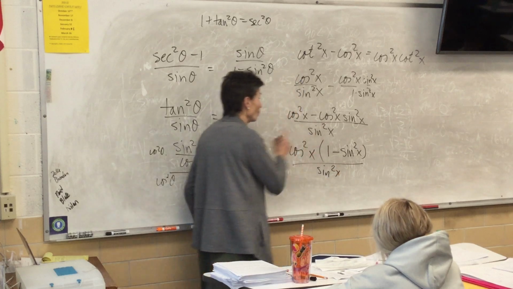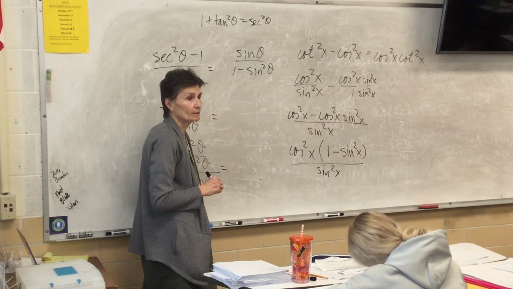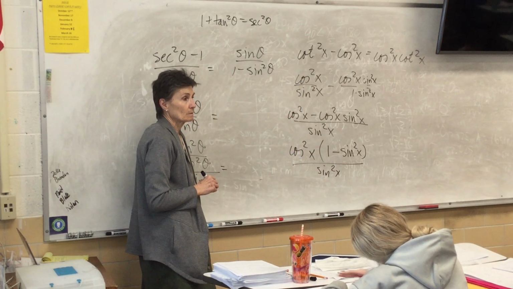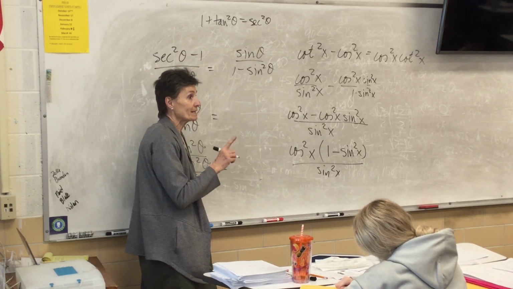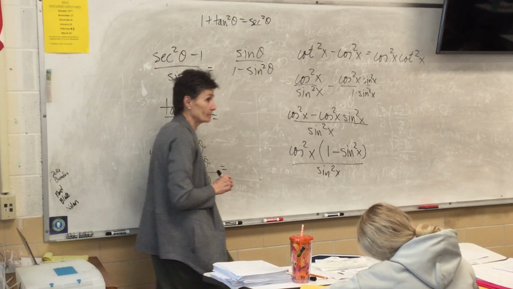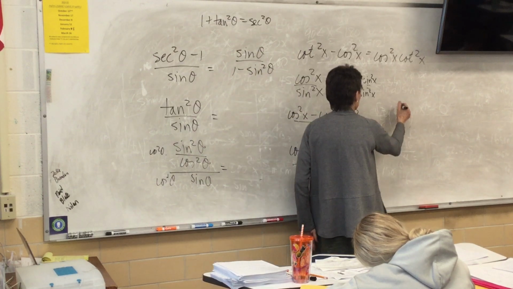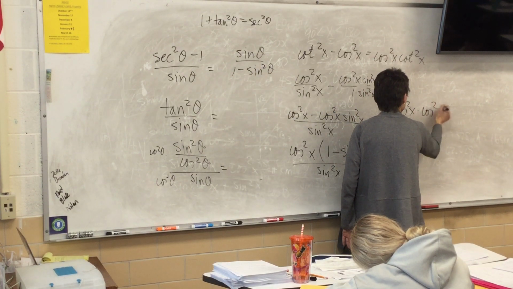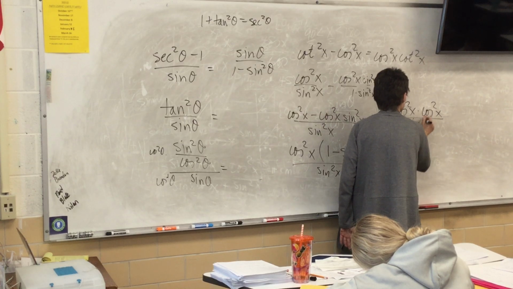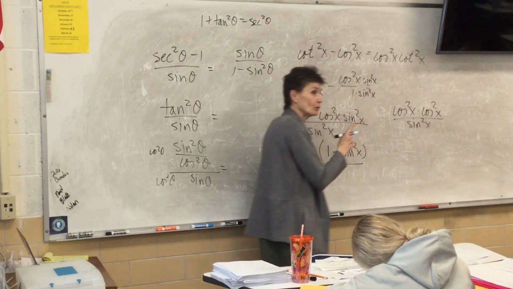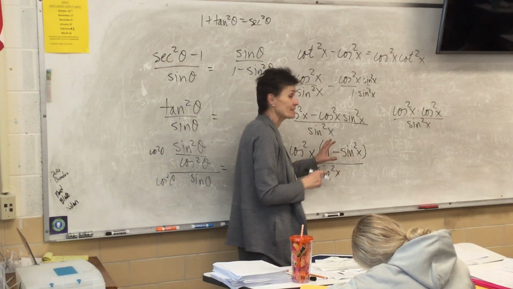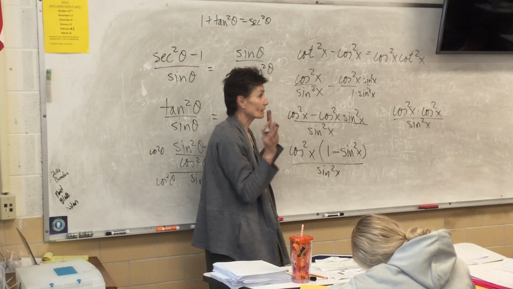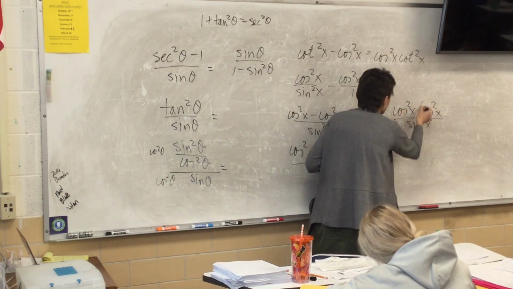Wait a second. What's 1 minus sine squared? 1 minus sine squared is cosine squared. Is that what you said? So I have cosine squared times cosine squared over sine squared. Well, that's good news because now the minus is gone. And what is this right here?